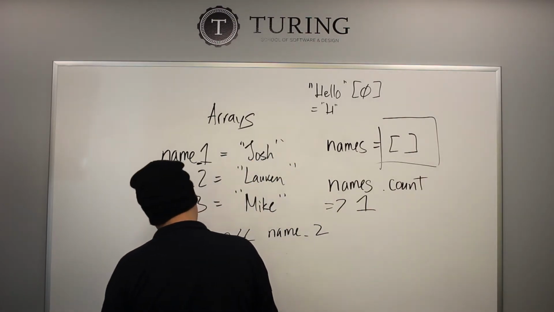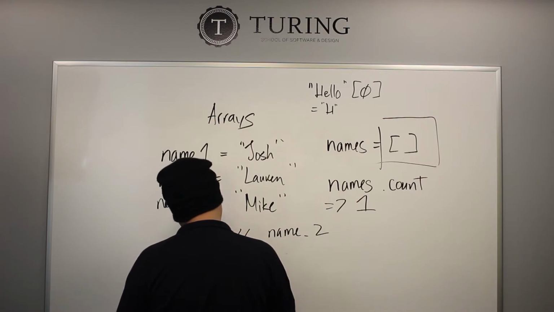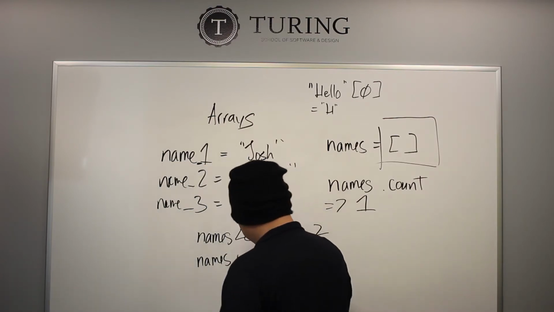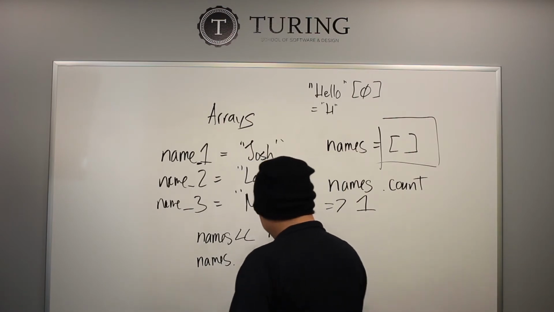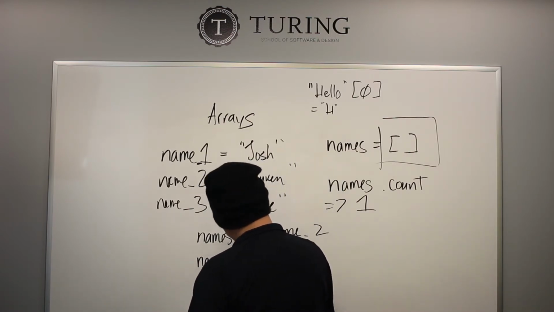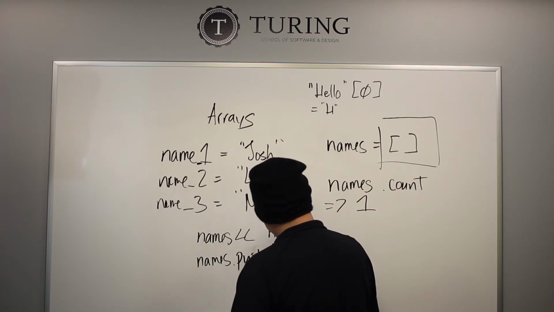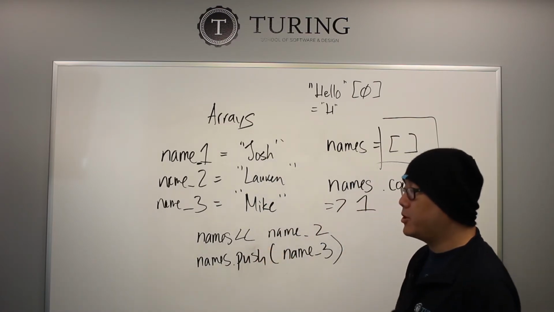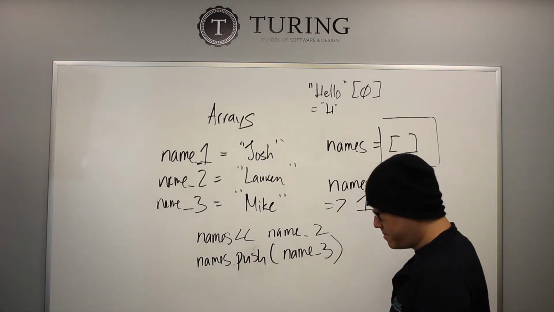And then we could do names.push. Oops, I'm a little ahead of myself. names.push, and we give it name_3. Again, using the shovel operator and the push method are exactly the same.